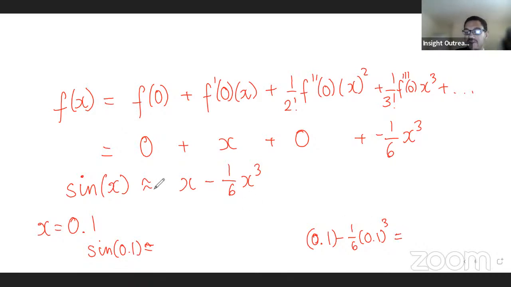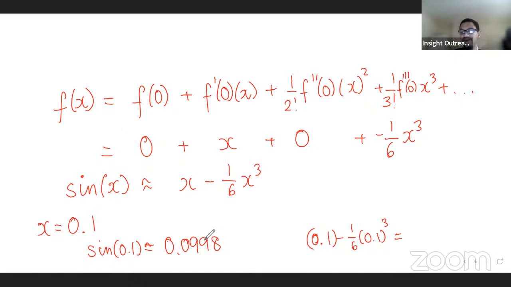So can anyone tell me what sine of 0.1 is? In radians, by the way. This is all in radians. So this is 0.0998. And then what about if you put it into the other function?